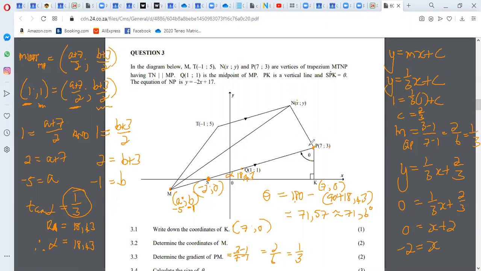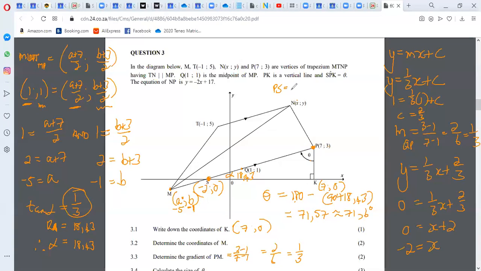And then I can do the distance formula. There's another way that you could have done this, an easier way. Right, and now you'll do the distance formula between P and S, because that's what they asked for.